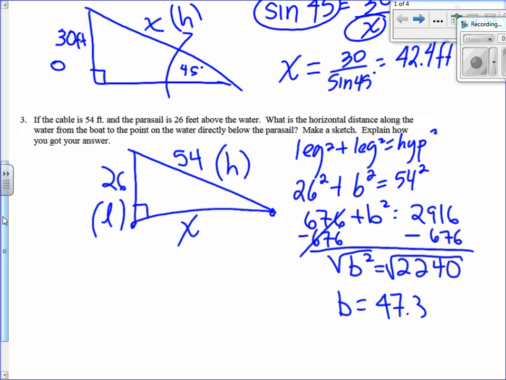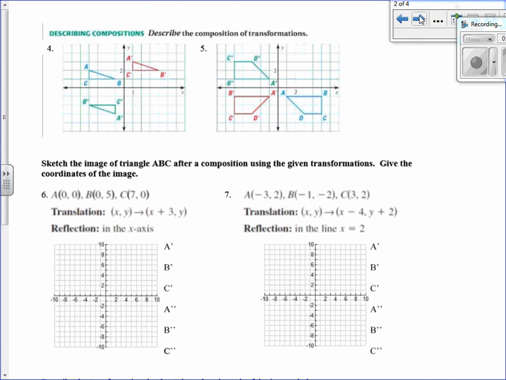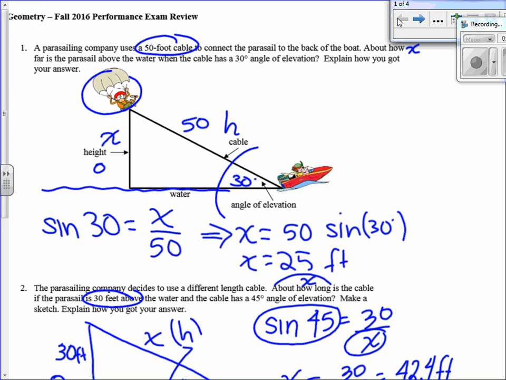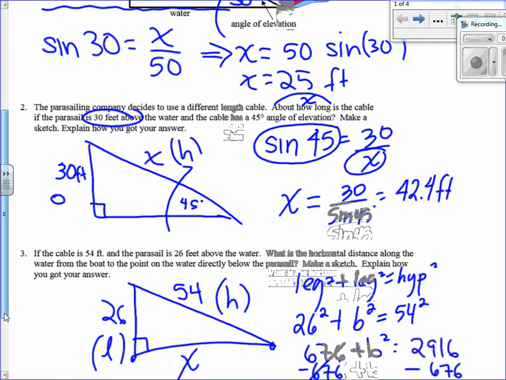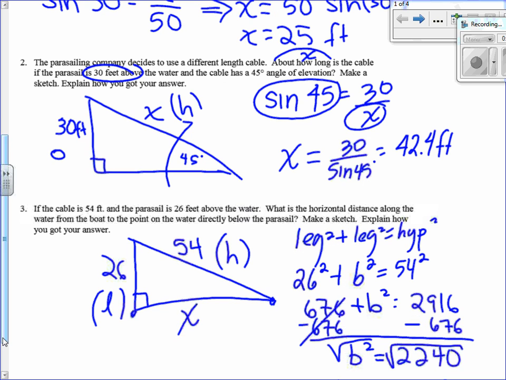Okay. So I feel like that was pretty tough, right? This is one problem on the test. So if you can do that, you got a 50.